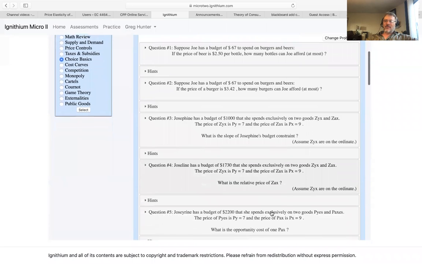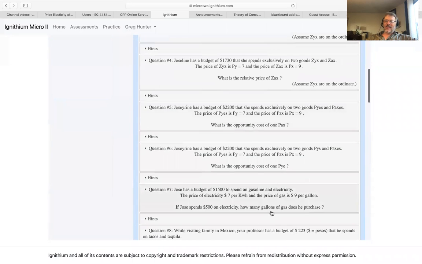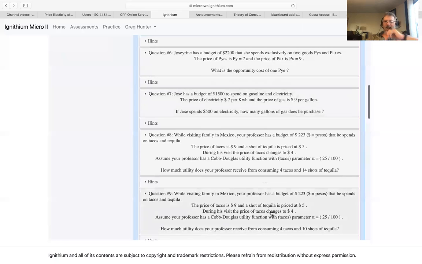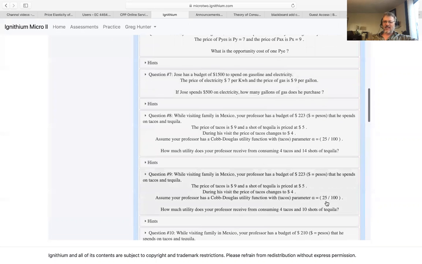The thing that generally happens is down here, we're going to be working with a Cobb-Douglas utility function, and alpha has to be a fraction. And sometimes alpha is not a fraction. And if that happens, you just have to hit resubmit and go forward, right? Do a different version of it.